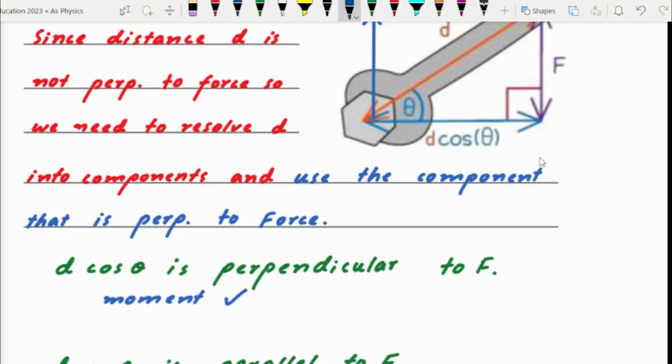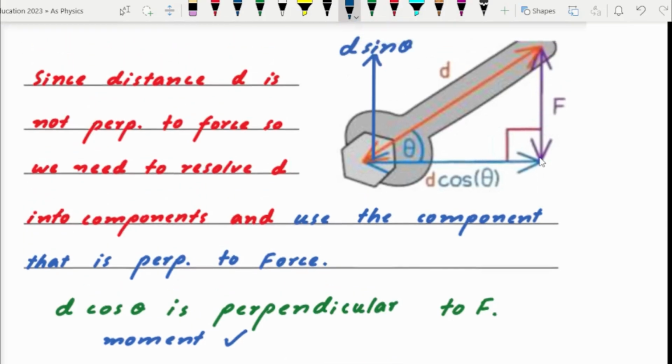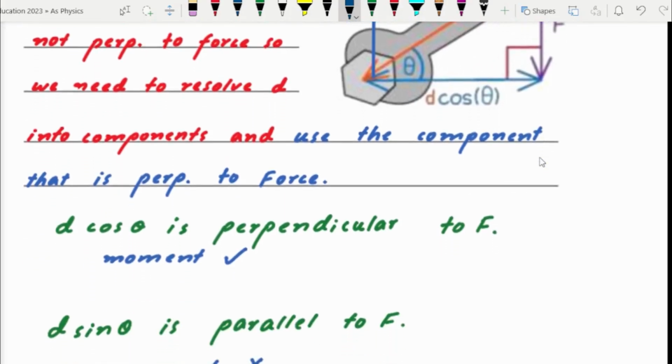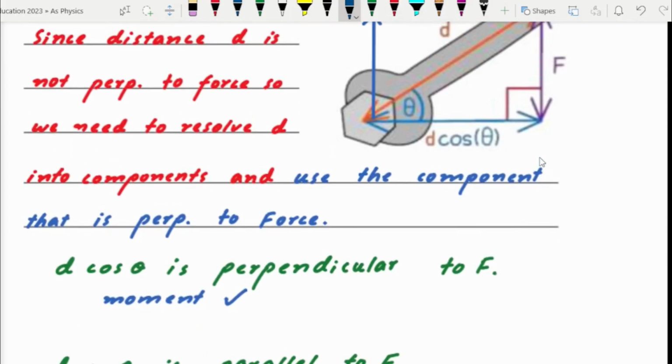Why not resolve the force F into components and then find out which component of force is perpendicular to distance? The answer is, you can do it either way. You can resolve the force into components and find out which component of force is perpendicular to D. You'll get the same answer.